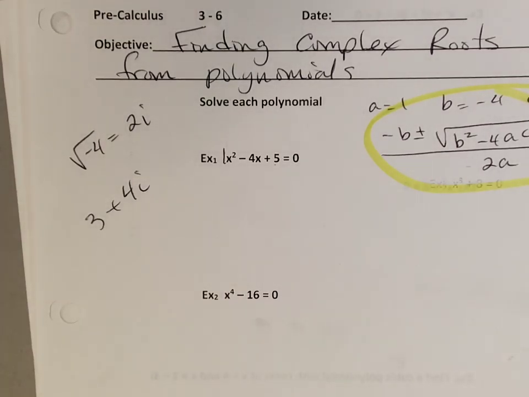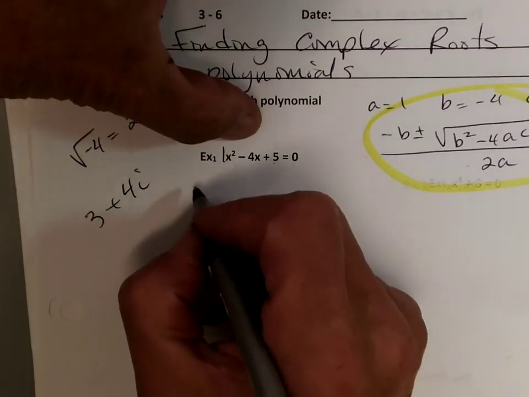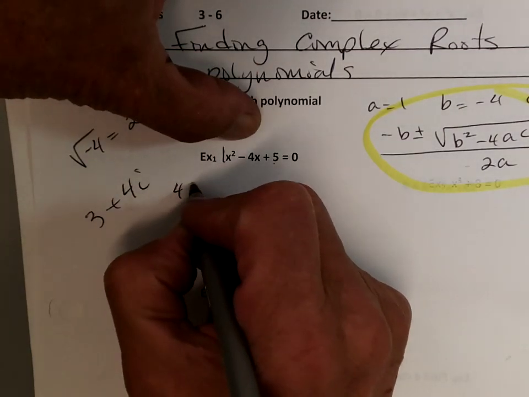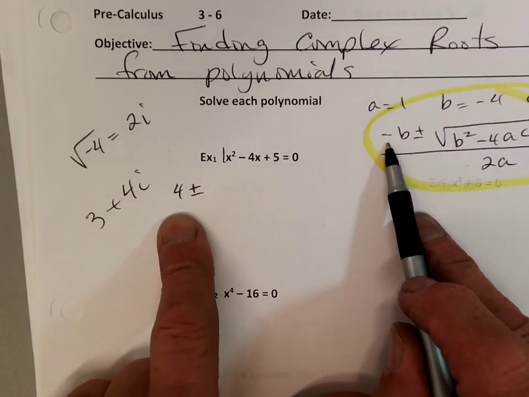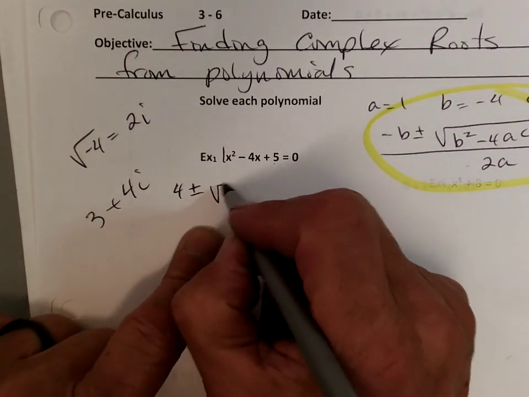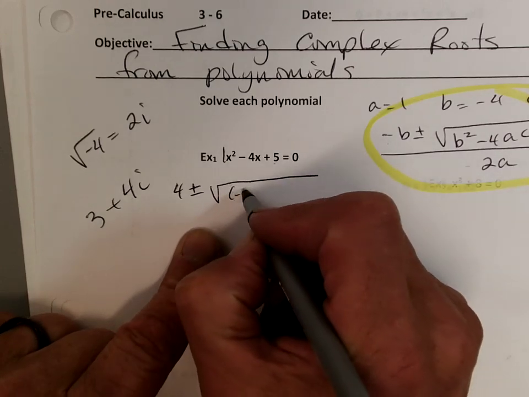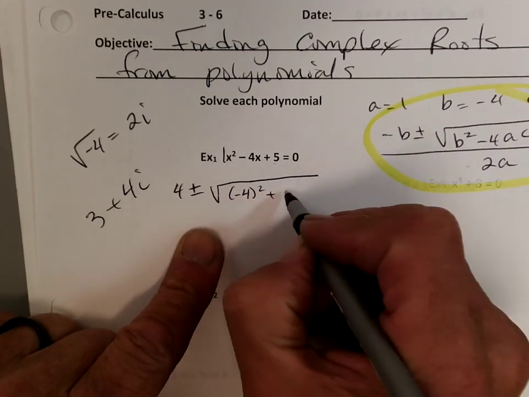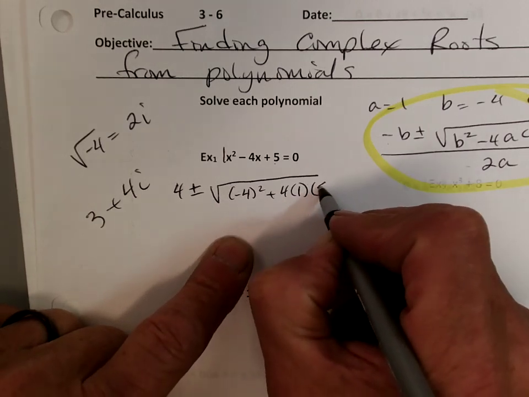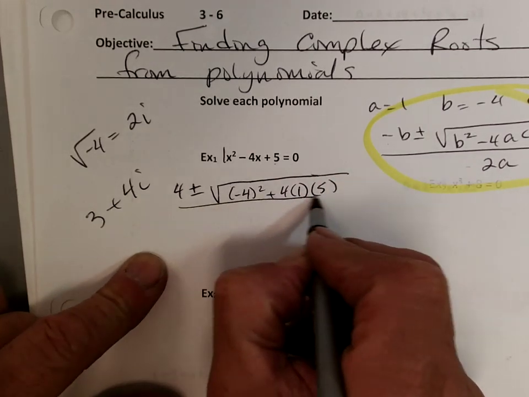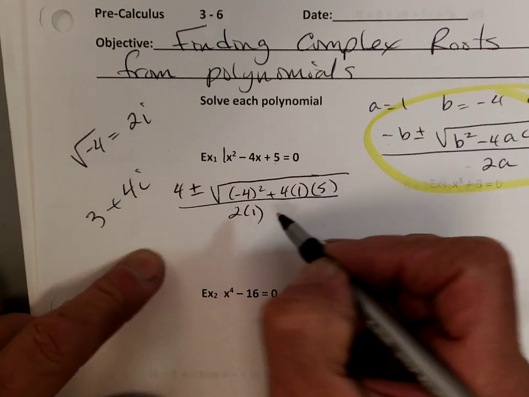It's just tedious. So -b, I'm going to go -(-4), so +4, plus or minus. I did the double negative, right? +4 plus or minus the square root of (-4) squared minus 4 times a, which is 1, times c, which is 5, all over 2 times a, which is 2 times 1. Okay? How am I doing?